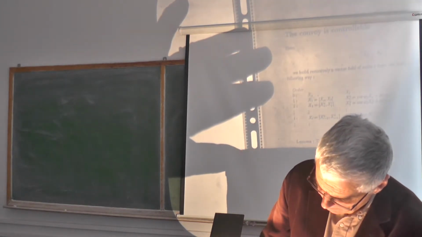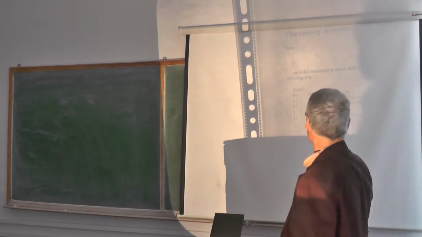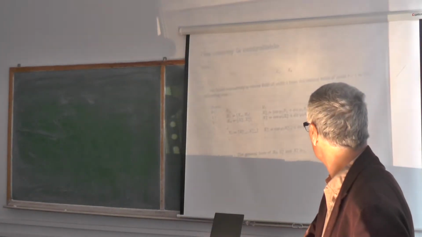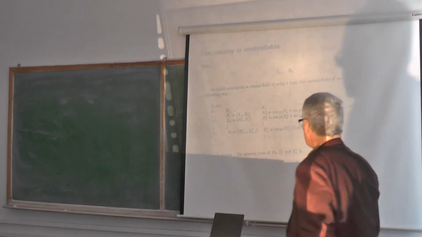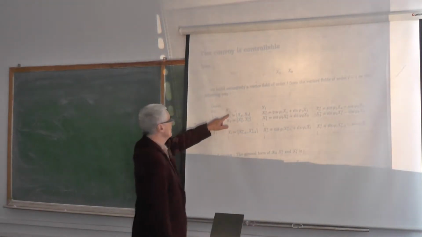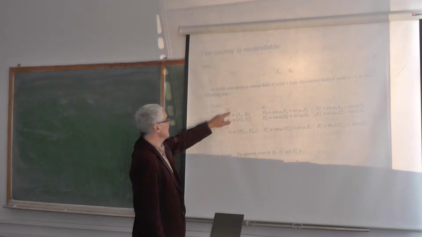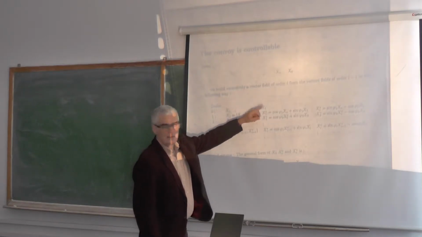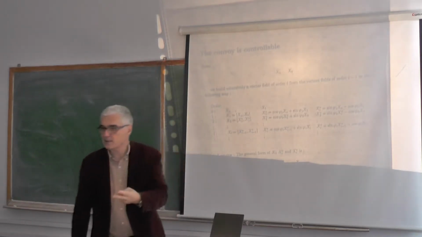I start with the two vector fields here, and now I build the following sequence. I take X_A, X_B, the basis of the distribution.